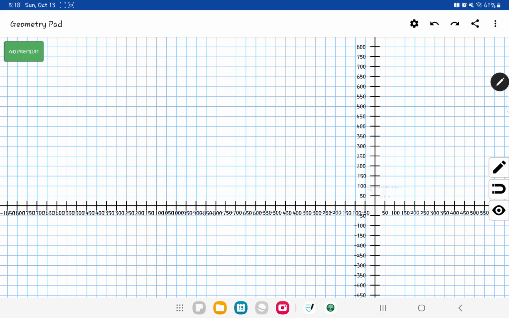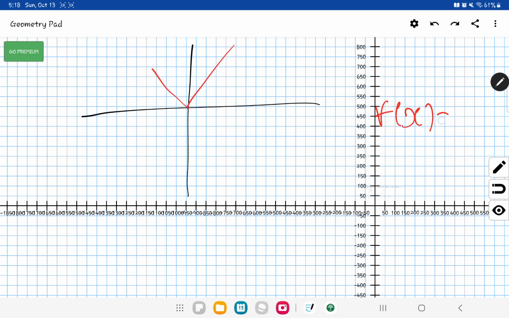Now we have something called the vertical shifting. We have another graph, okay? And always our function is gonna be the absolute value function, which is that f(x) is equal to absolute value of x, or f(x) is equal to y, or y is equal to absolute value of x.